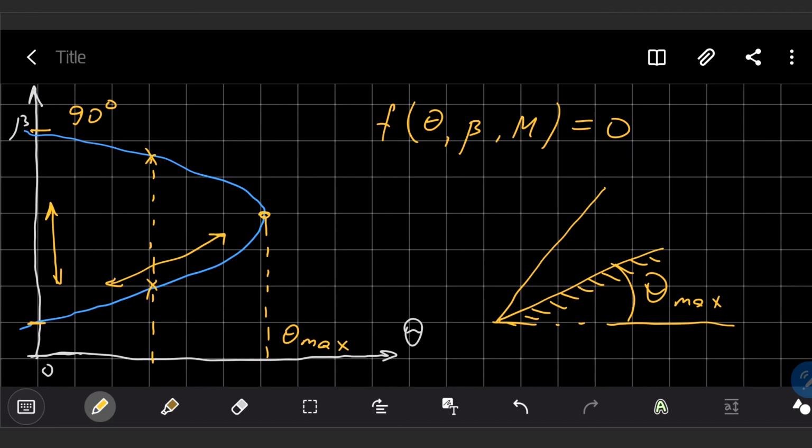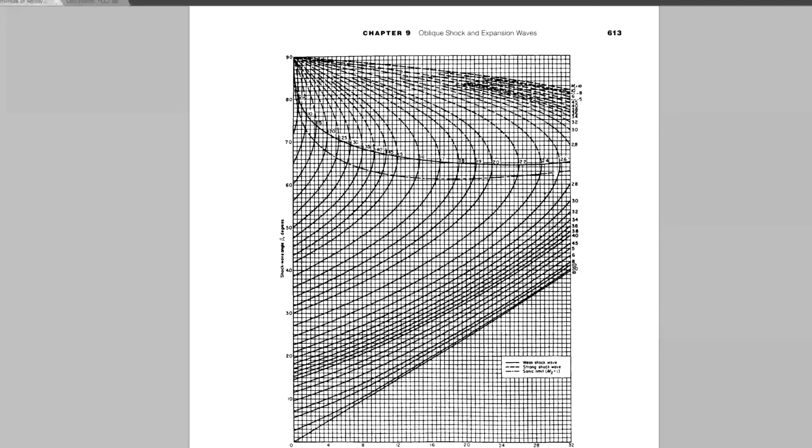For example, if I open the Anderson book, I can see close to 2.5, between 2.4 and 2.6, it is close to 24 degrees. So the minimal beta is 24 degrees, corresponding to 0 theta.